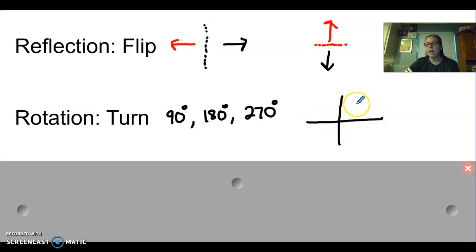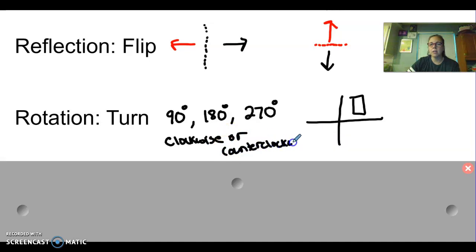Okay, so if we have a shape that looks like this and we rotate it 90 degrees, this can be clockwise or counterclockwise. So if you get confused, look at the clock in your class. If it's the way that your clock is ticking, that's clockwise. If it's the other way, it's not.